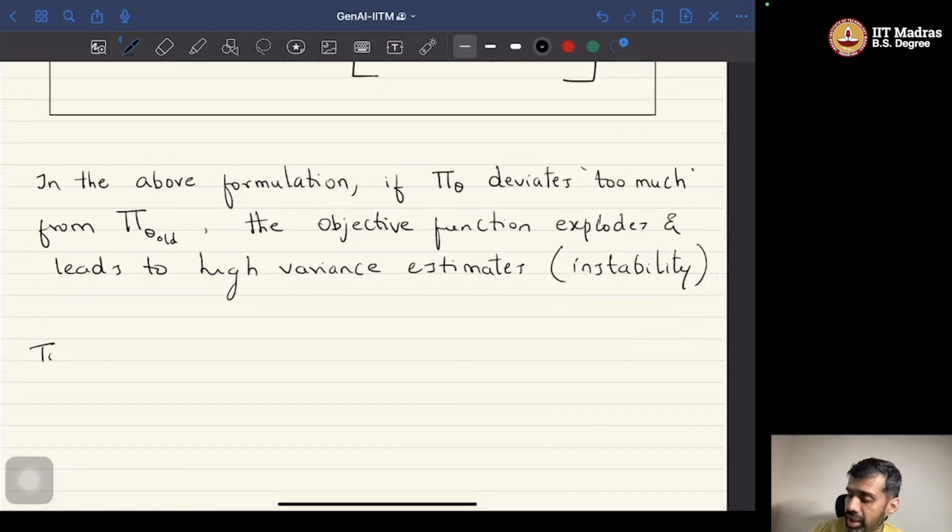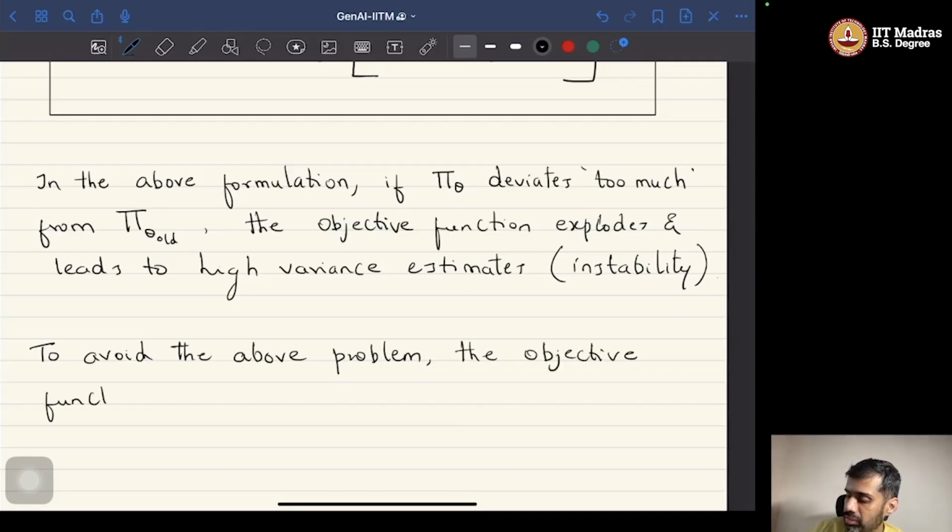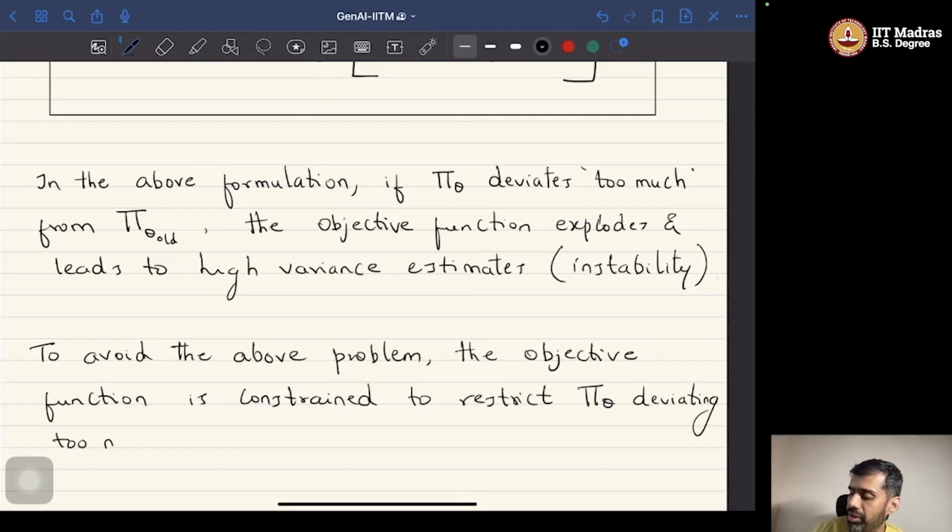Now, to avoid the above problem, the objective function is constrained to restrict pi theta from deviating too much from pi theta old.